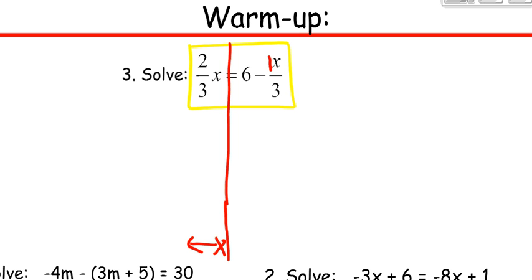On my right side, I've got one term without an x, this 6, that can stay here because it doesn't have an x, but this other guy, the negative 1x over 3, I have to get rid of it and put it on the other side. So I'm going to do the opposite of subtract 1/3 x, which is add 1/3 x to both sides.